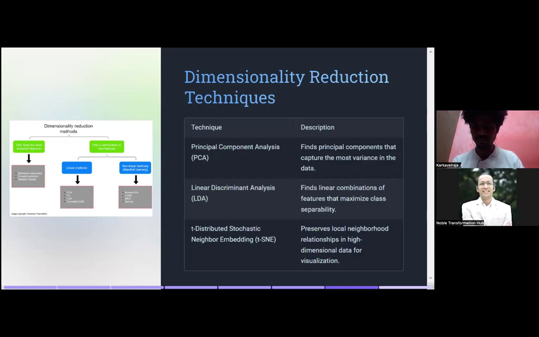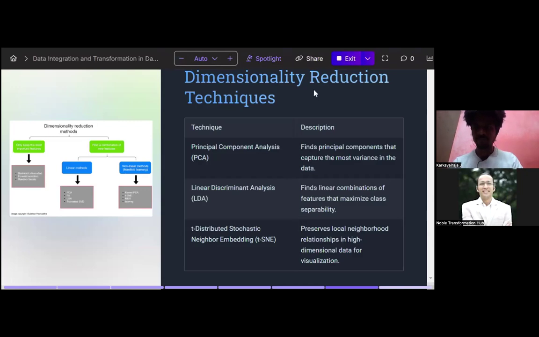Yeah, so dimensionality reduction techniques, guys, suppose PCA. PCA finds principal components that capture the most variance in the data, so with that we can reduce the dimensionality of the data. Linear discriminant analysis, LDA, finds the linear combination of features that maximizes class separability.